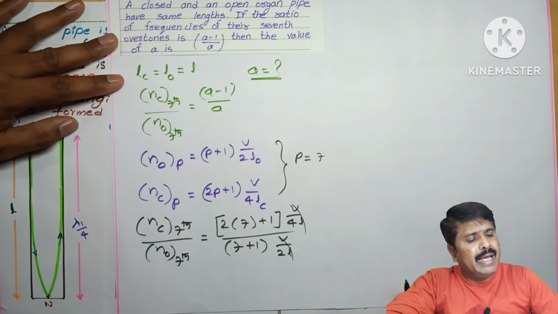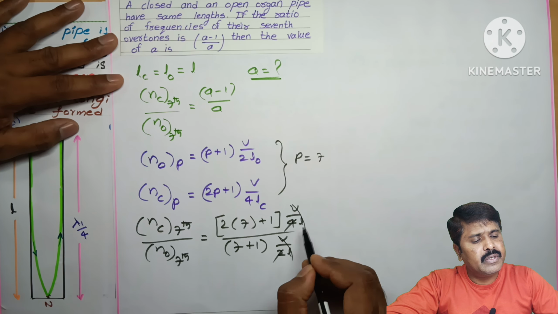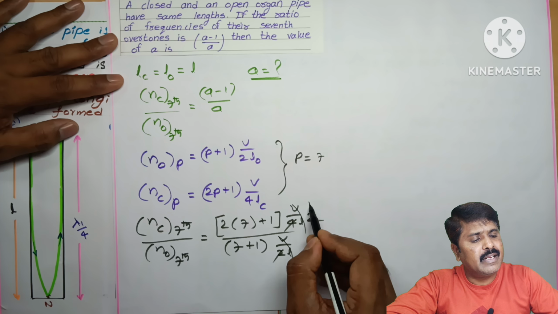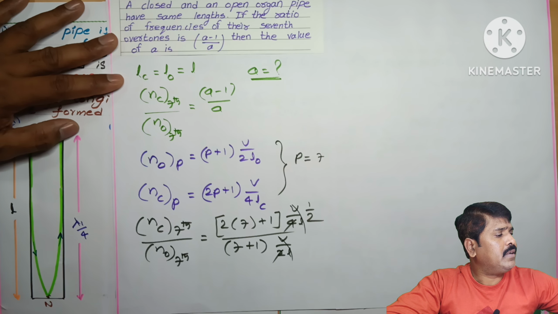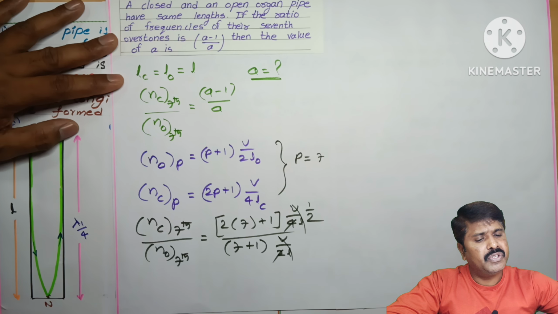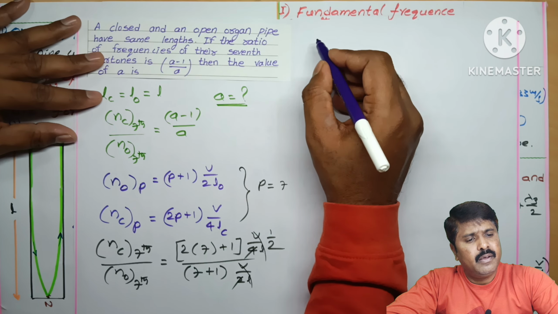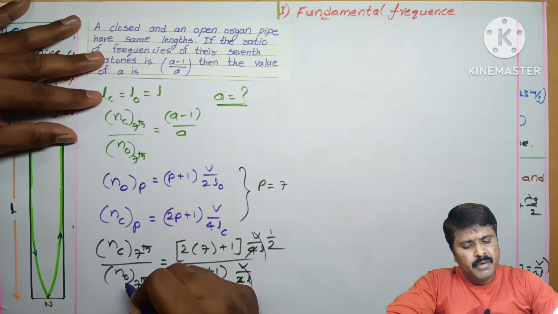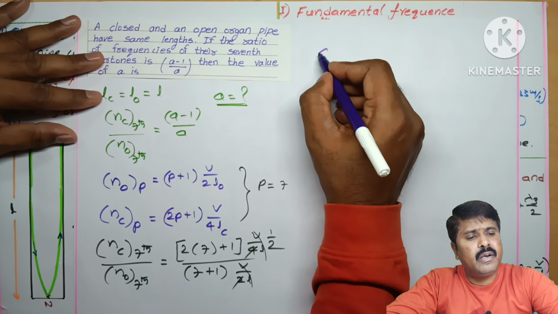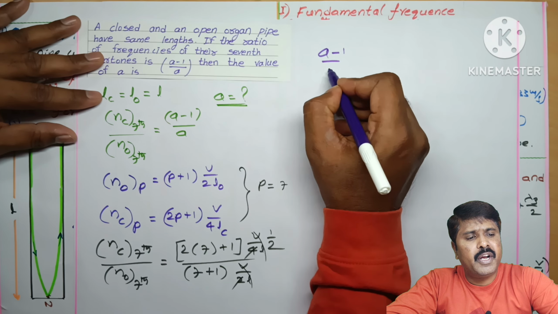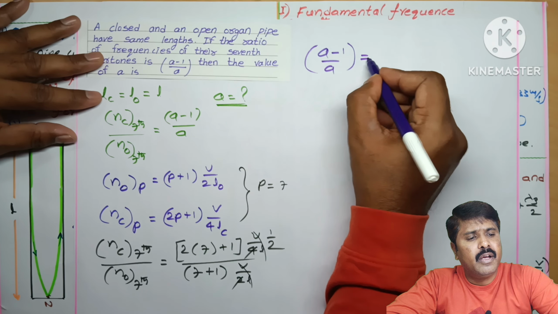V by L gets cancelled, 2 gets cancelled once, so there is 1 by 2. Student, and then the continuation of the derivation: NC by N0 7th one is equal to A minus 1 divided by A.